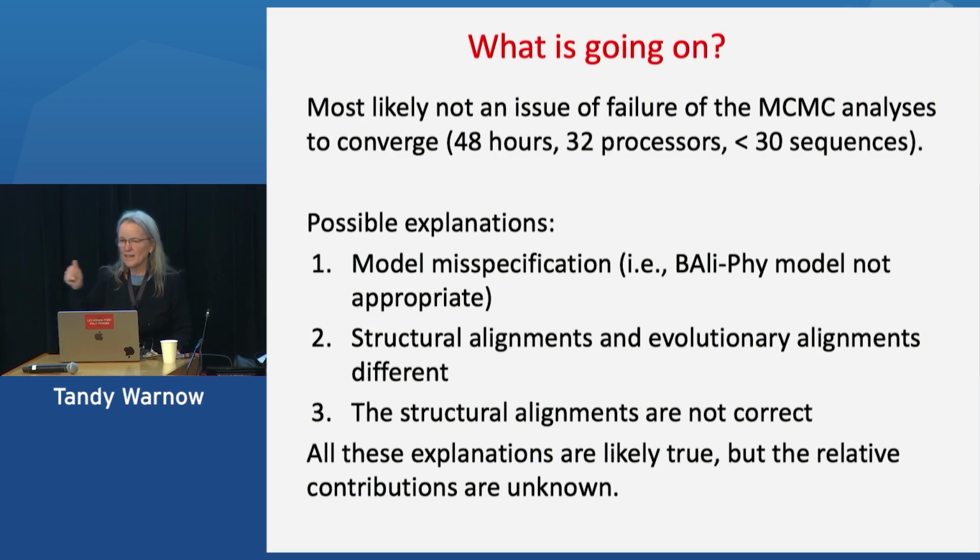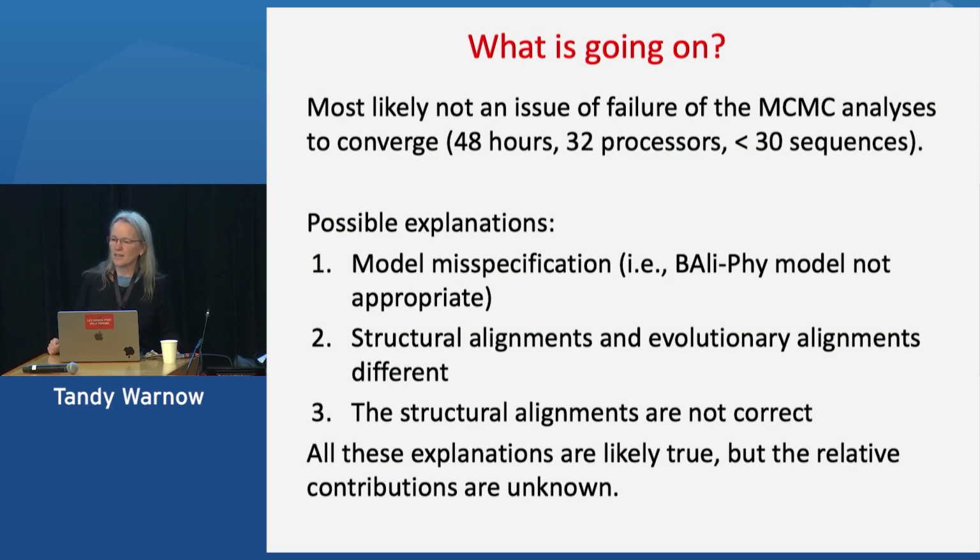So it could be, and here are my 3 hypotheses, and I'd like to know what people think. Model misspecification. Bellify is co-estimating alignments and trees under a model that looks a lot like GTR, but with indels. So the sites are independent, there's no selection, rate variation is sort of normal.